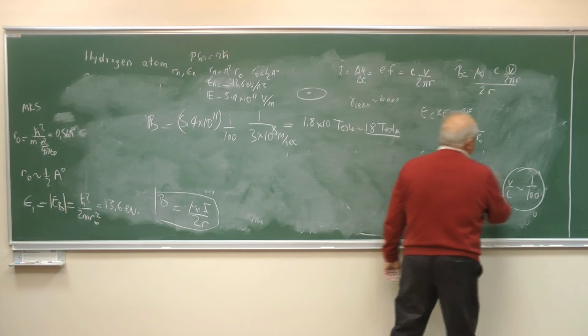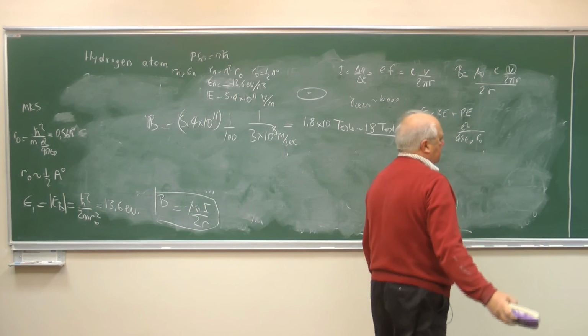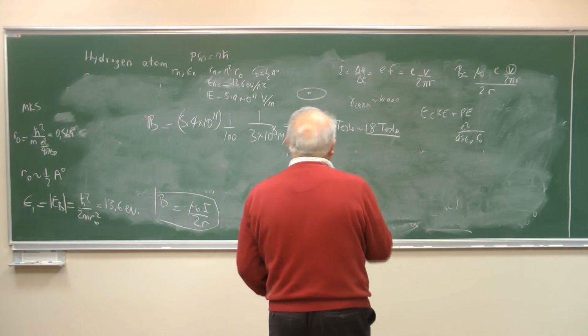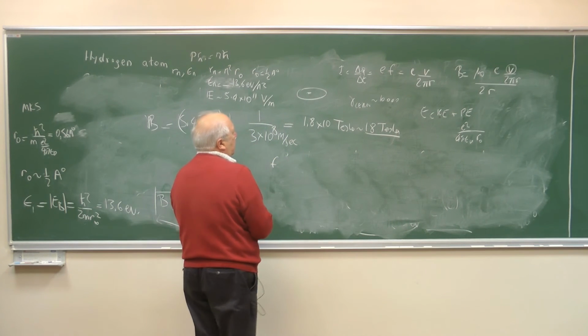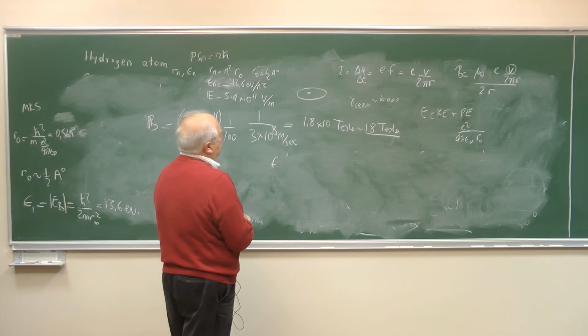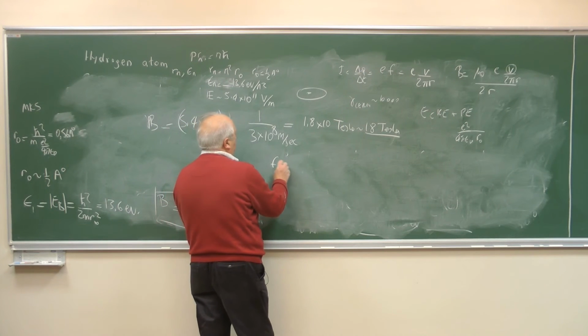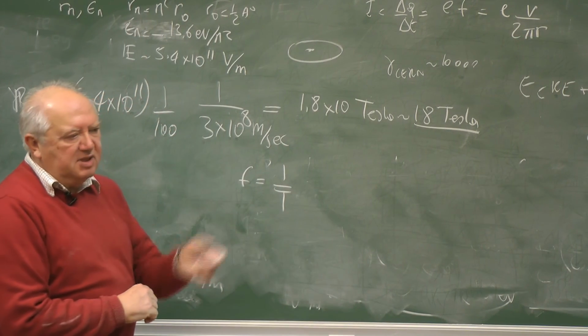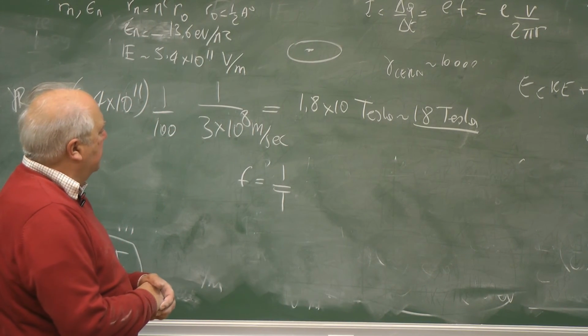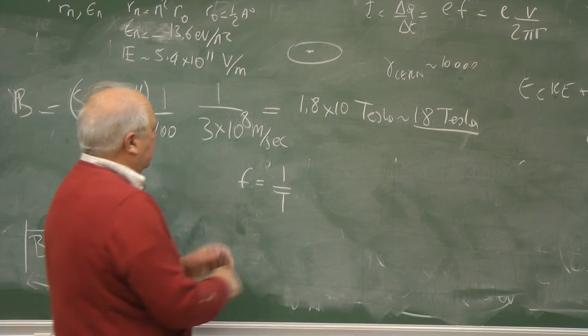Before that comparison, we used F equals V over 2 pi R, which is 1 over T. Let us estimate how many times the electron goes about the proton.